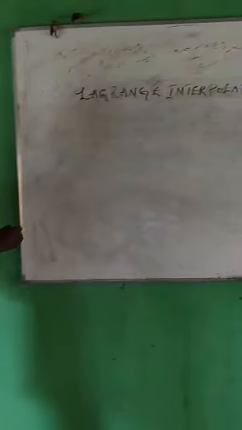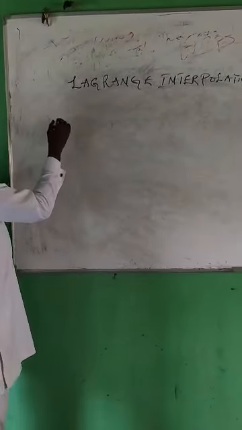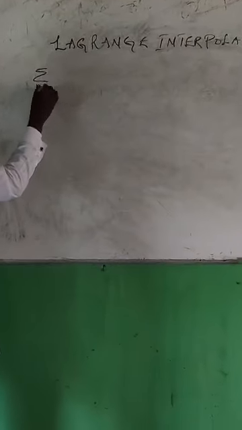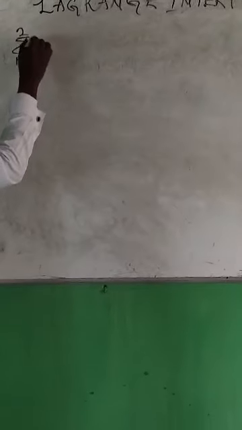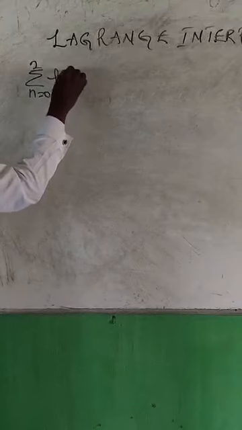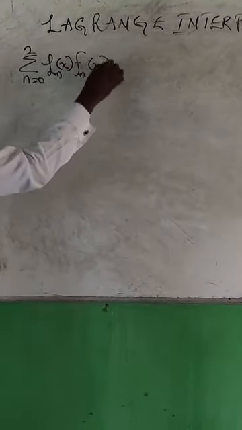We are going to look at the second order Lagrange interpolating polynomial, which is expressed as sigma n equal to 0 tending to 2 of function Ln of x, function subscript n of this.